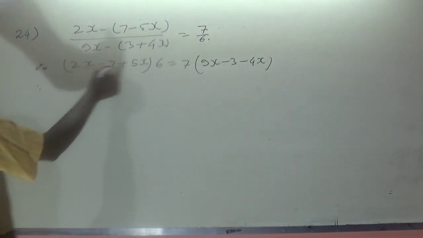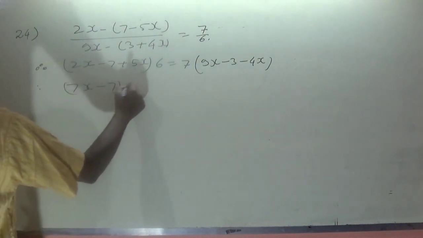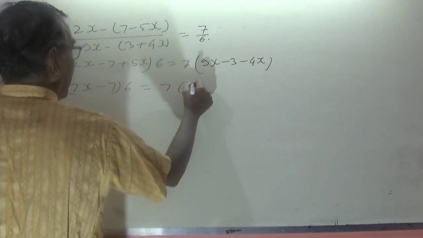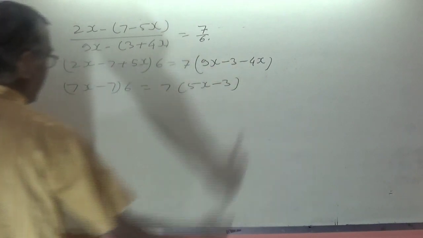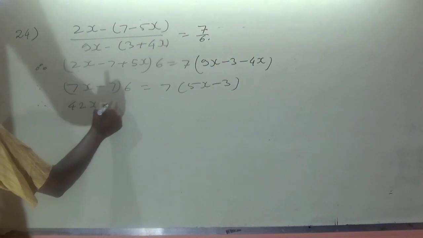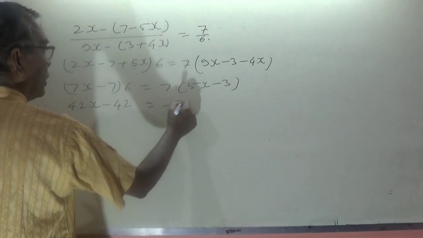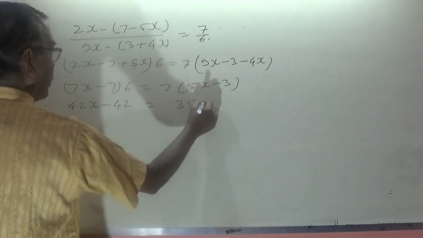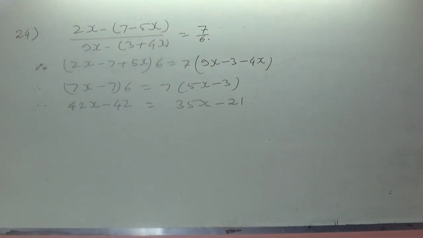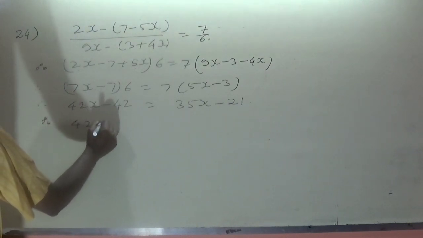Now 5 plus 2, 7x minus 7 into 6 will be equal to 7 into 9x minus 4x is 5x minus 3. So therefore 6 sevens are 42, 7x minus 42 is equal to 35x minus 21. Only simplification, it is not more than that, but don't underestimate all these simplifications.